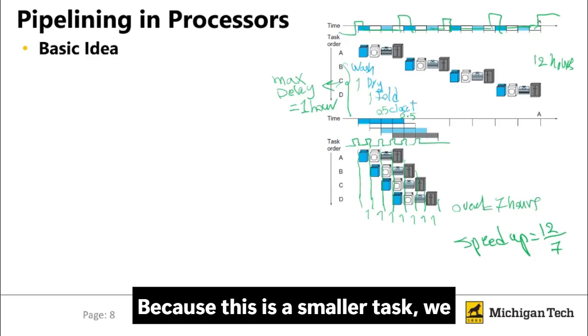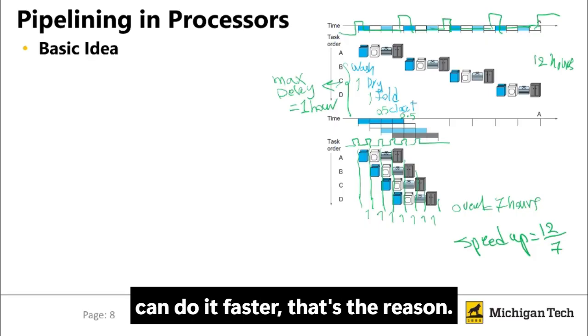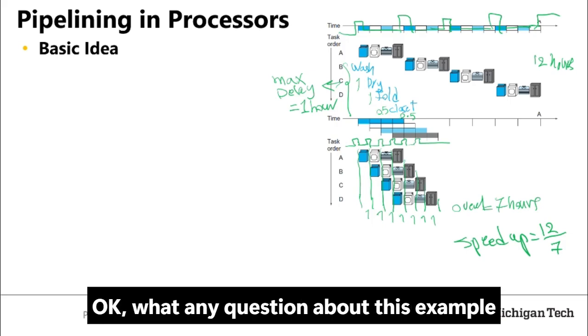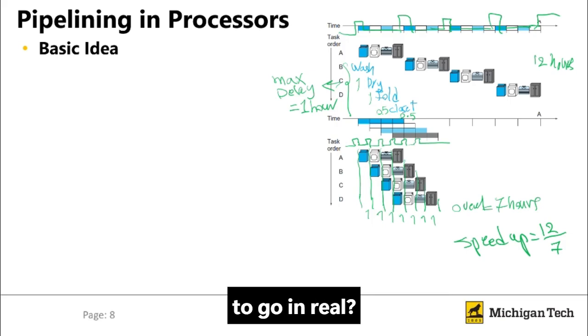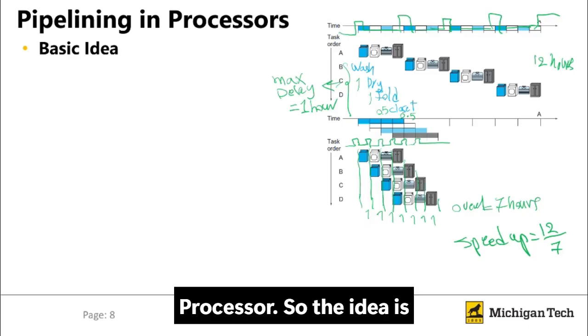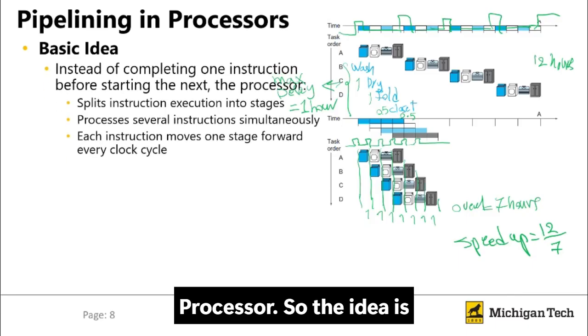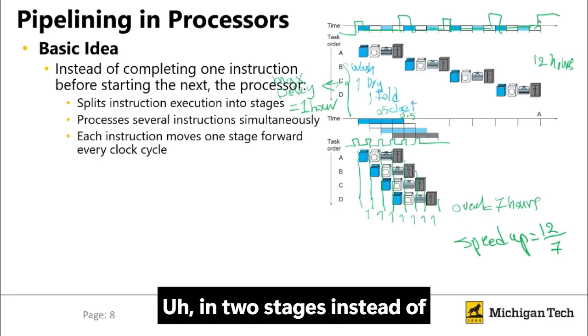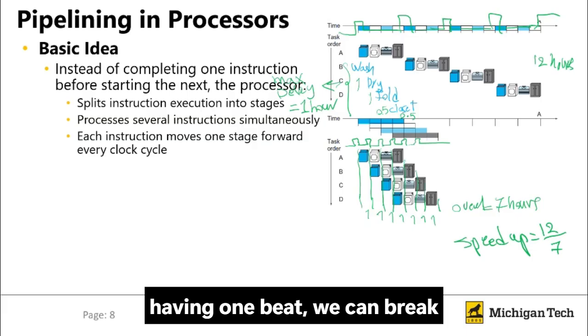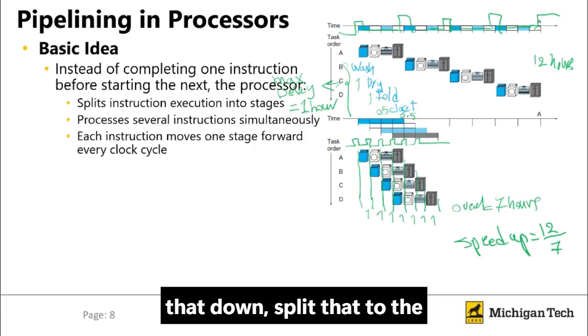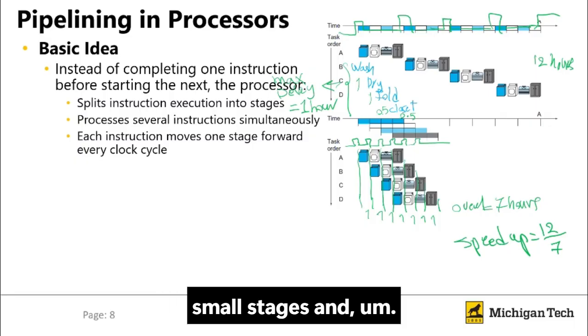Because this is a smaller task, we can do it faster. That's the reason. Okay, any question about this example before we go to a real processor? So the idea here is to split an instruction into stages. Instead of having one big task, we can break it down into small stages.